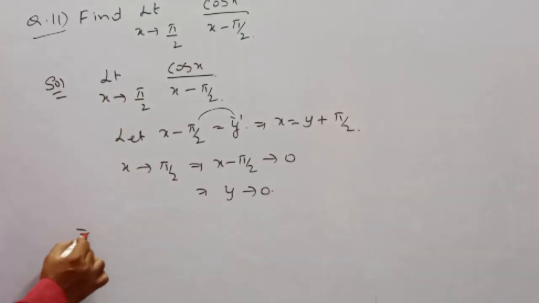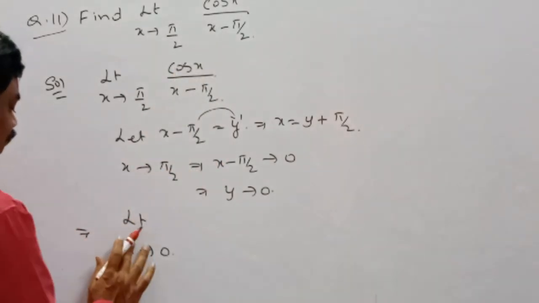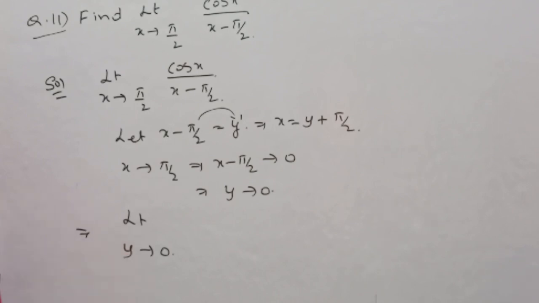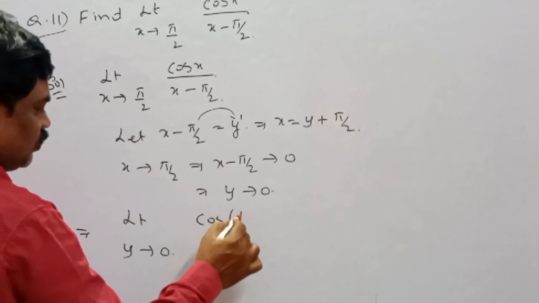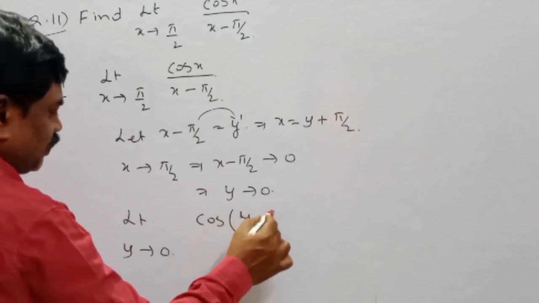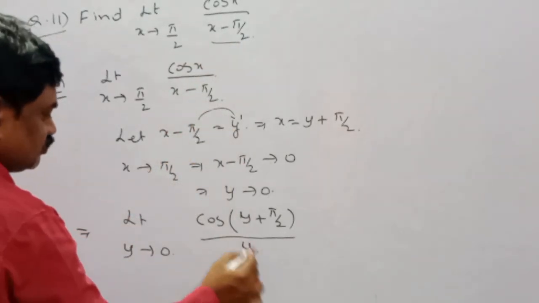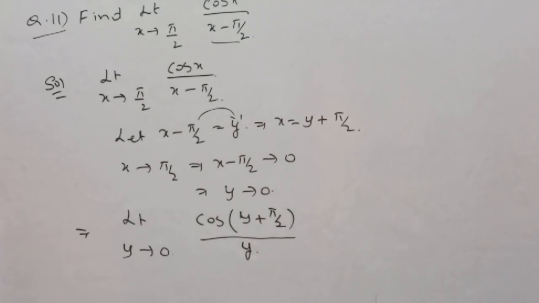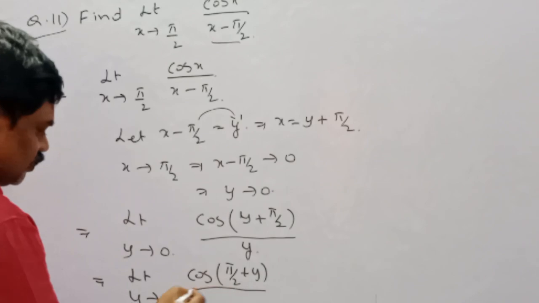So here y tends to 0, cos x, that is cos of y plus pi by 2, divided by y. This can be written as the limit as y tends to 0 of cos of pi by 2 plus y, by y.